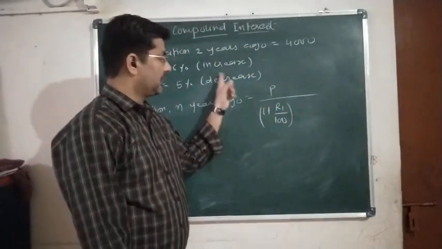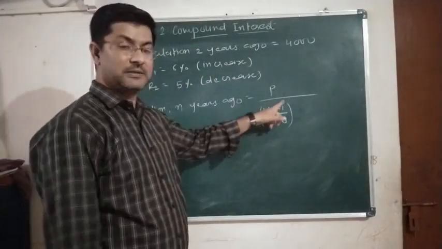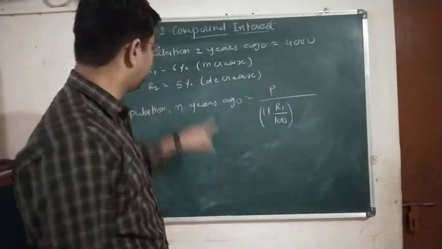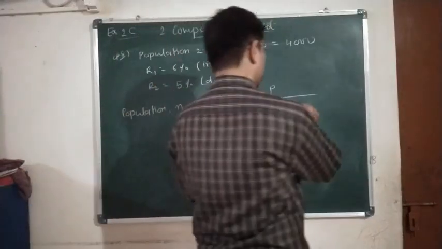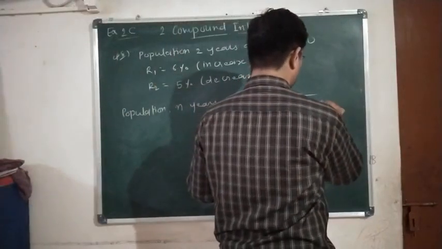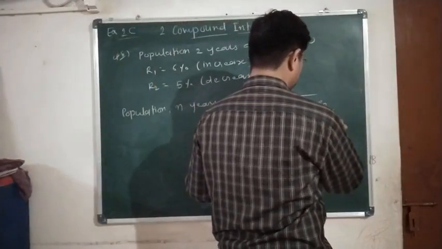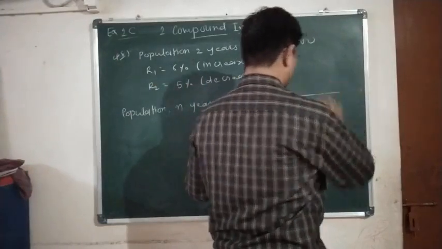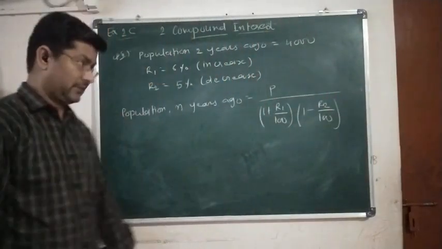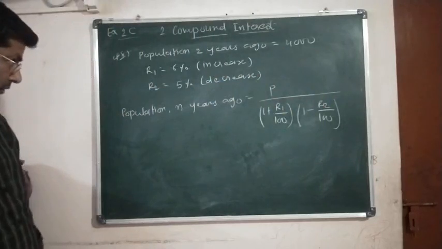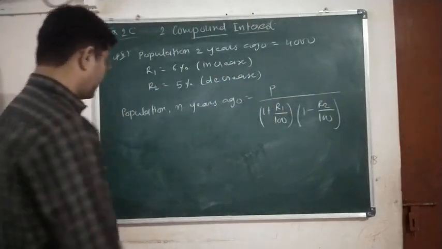In the first year we have an increase, so 1 plus R1 upon 100. In the second year we have a decrease, remember. So 1 minus, for decrease we are putting a minus sign, because that part is to be subtracted. Clear?